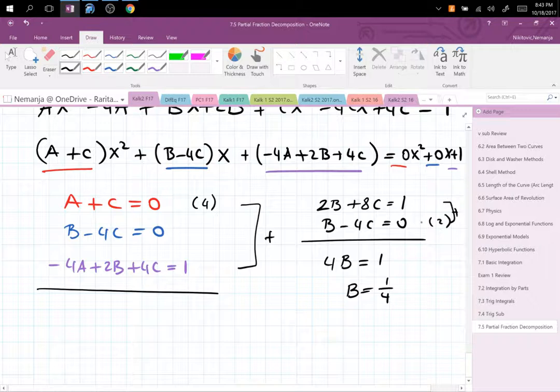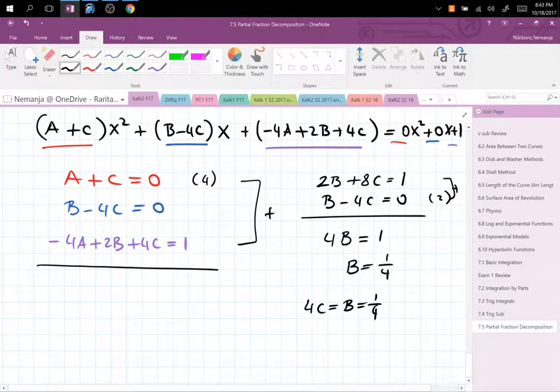One more time, times 2. That's 2b plus 2b is 4b. 8c minus 8c is 0. 0 times 2 is 0. 1 plus 0 is 1. Divide by 4, and we have b is 1/4. So if b is 1/4, we can plug that in, because we have that 4c is equal to b, which is 1/4.